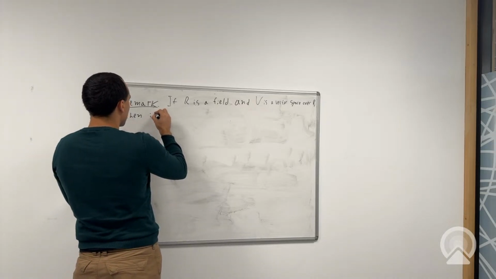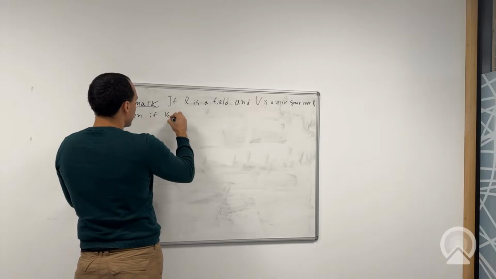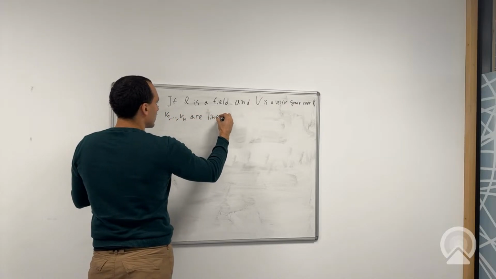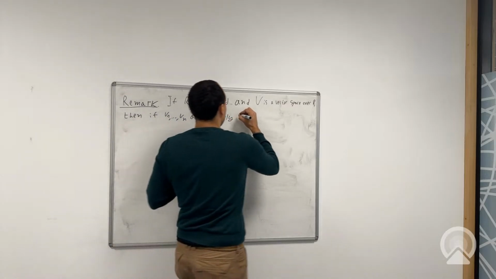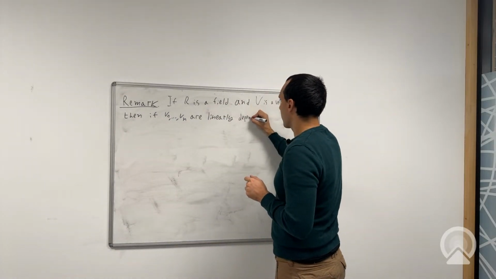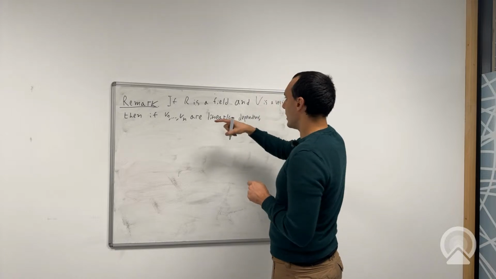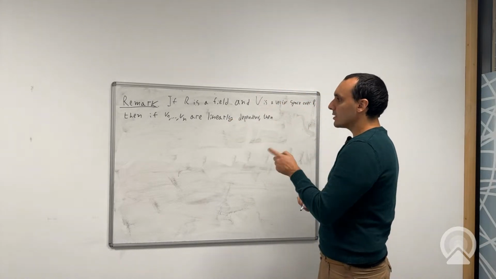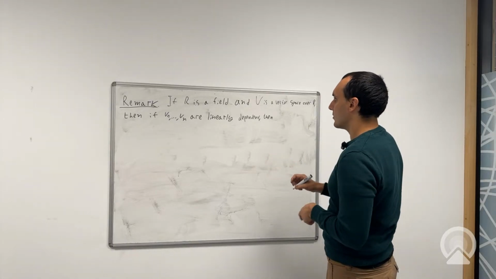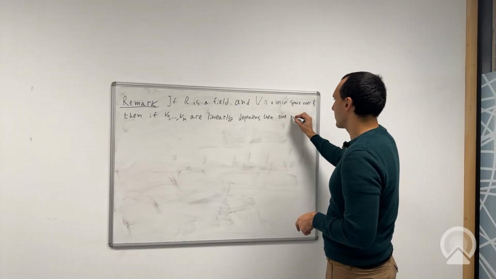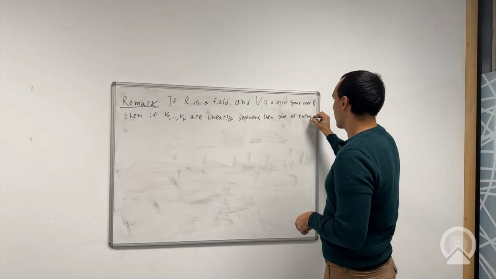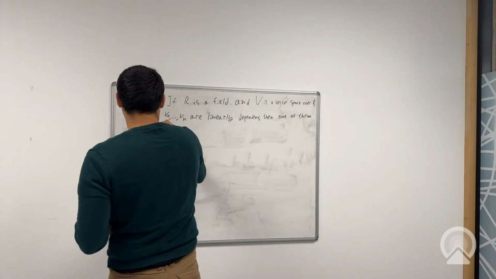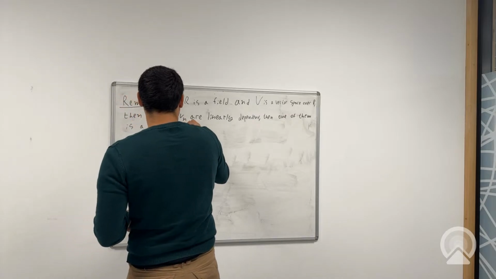If V1 to Vn are linearly dependent, then at least one of them is expressed by a linear combination of the others.